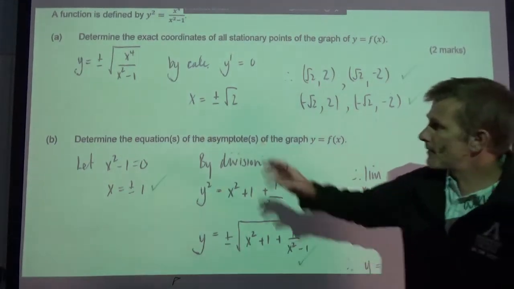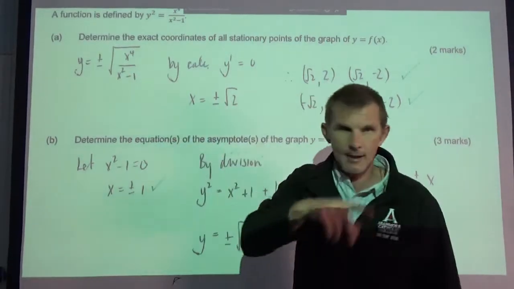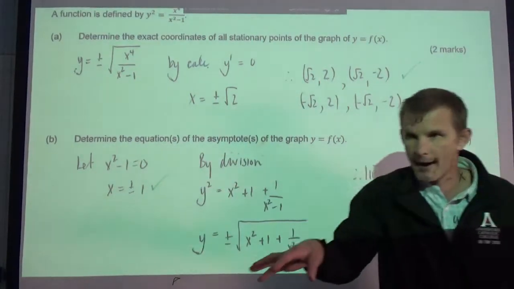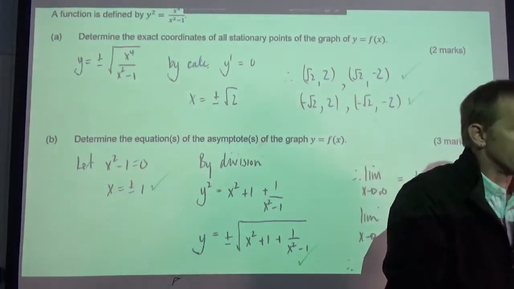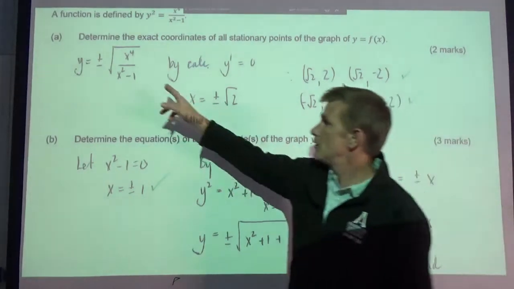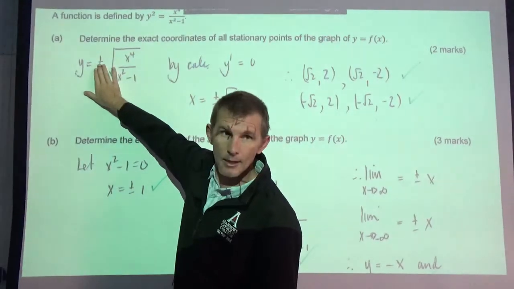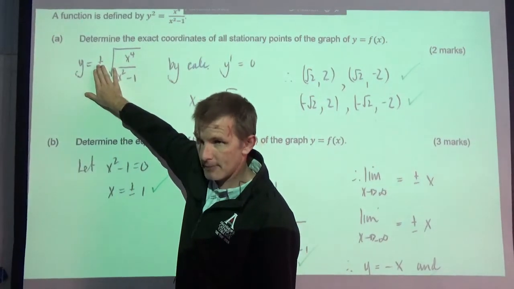Now, my point about this is when you graph this on your calculator, you can't graph y squared. You actually can in the conics section, but in the graphs and table you can't do y squared. You've got to put this in. But when you put that in, the calculator will only see the positive part.